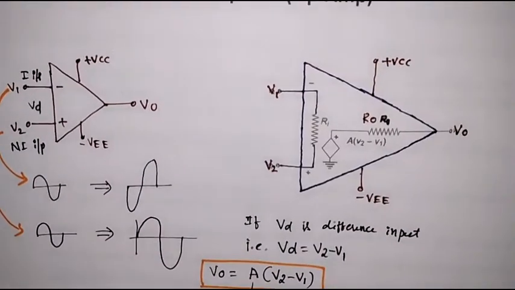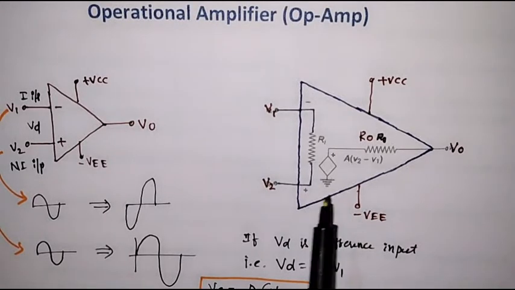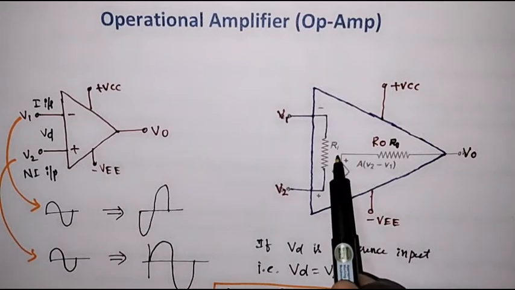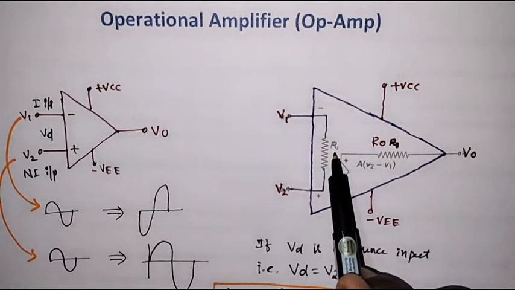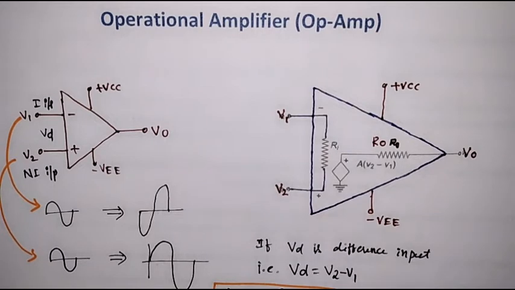So here in another diagram we can observe the internal diagram of op-amp. Here we can observe there is a resistance between these two terminals. This resistance is known as Ri, which is nothing but input resistance or input impedance of op-amp.